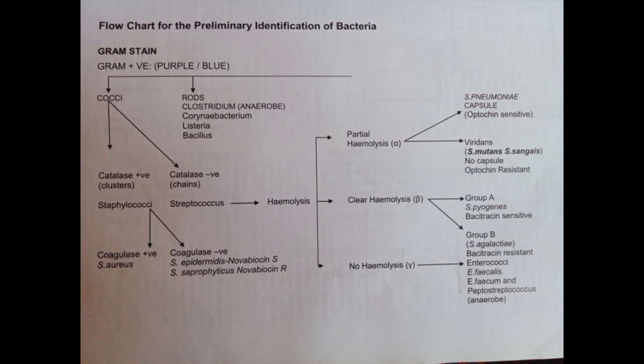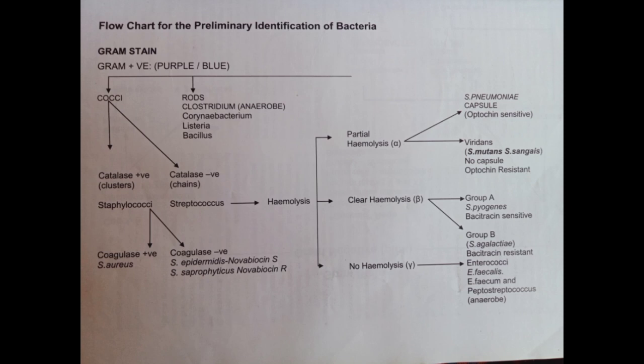So further, Staphylococcus has other species like Staphylococcus aureus, Staphylococcus epidermidis, and Staphylococcus saprophyticus. The Staphylococcus species are further differentiated from each other. Staphylococcus aureus is coagulase positive, while Staphylococcus epidermidis and saprophyticus are coagulase negative bacteria.